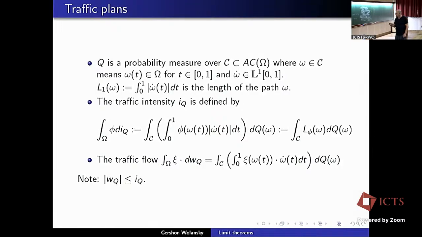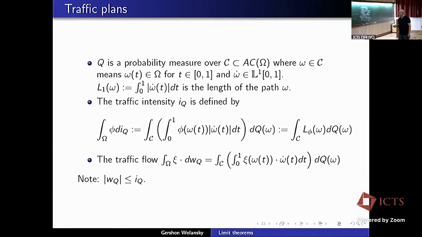This is why the traffic flow is always smaller or equal. And of course, in an optimal situation, when you minimize the cost, you expect equality, because it will not give you an optimal solution if along a path or transport line you go both ways. This would just be a waste of way, right?